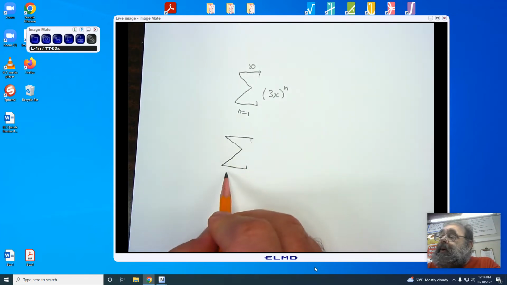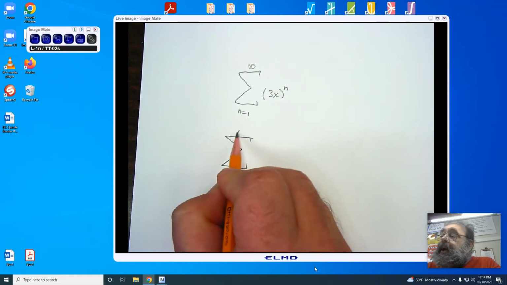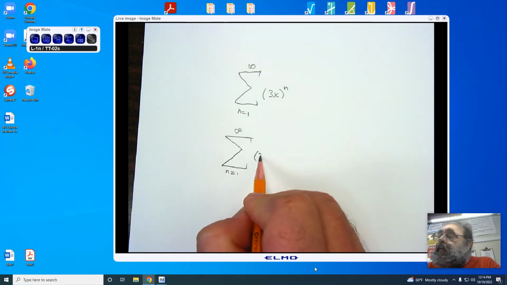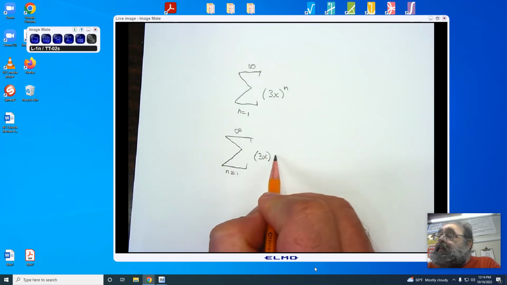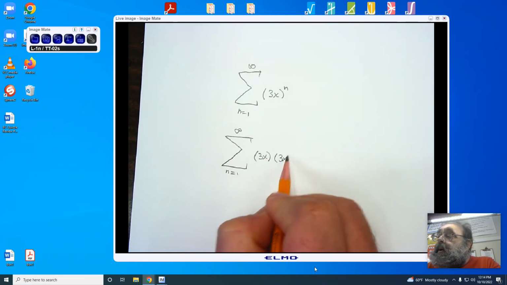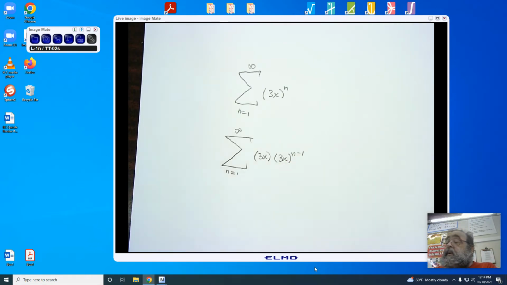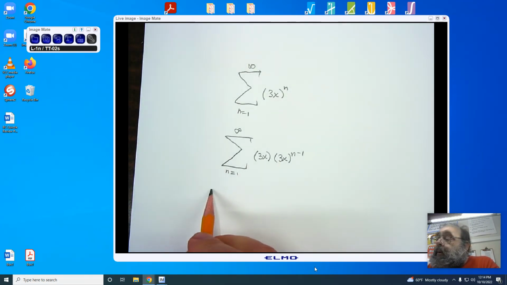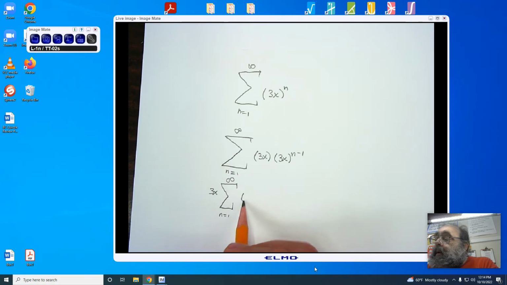I'm going to go ahead and start by changing the equation into 3 to the x times 3 to the x to the n minus 1. And you'll notice it's still the same series. Nothing has changed. But it allows me to bring out the 3x into the front so that I have a series that I can work with, 3x to the n minus 1.